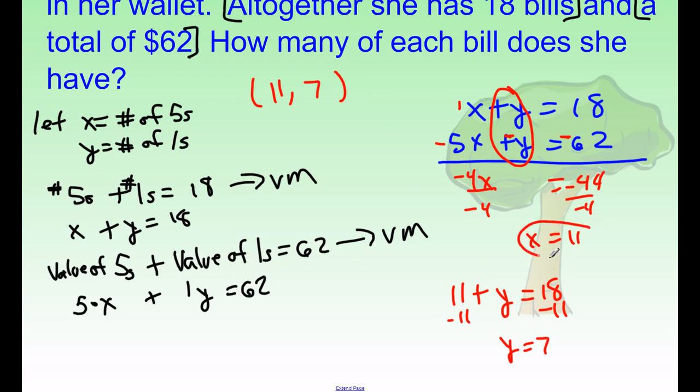And if you plug x equals 11 into the other equation, 5 times 11 is $55. It would take 7 $1 bills to equal 62. Either way, our solution is Nancy has 11 $5 bills and 7 $1 bills. If you were able to do that on your own, great job.